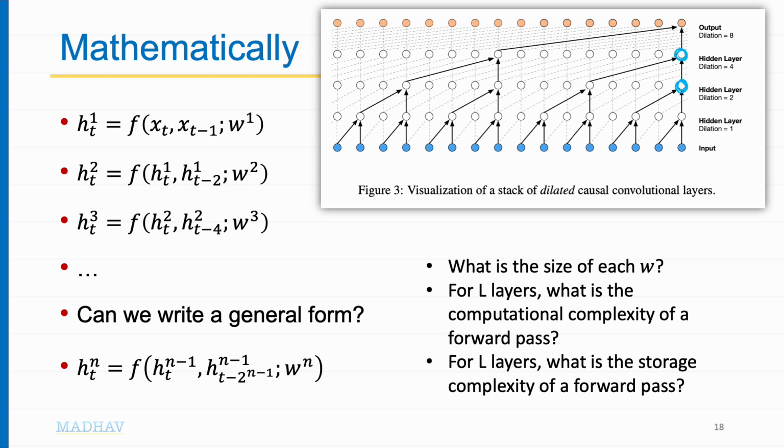Inside the hardware, summations are very easy to do. Multiplications take longer. So when we say computational complexity, we generally ignore the number of additions. We only focus on the number of multiplications because additions are much cheaper than multiplications. So when I ask you what is the computational complexity of forward pass, you should simply compute the number of multiplications happening for a single forward pass. Let's say you want to compute one sample. To compute this sample, how many multiplications are required? You can do that.